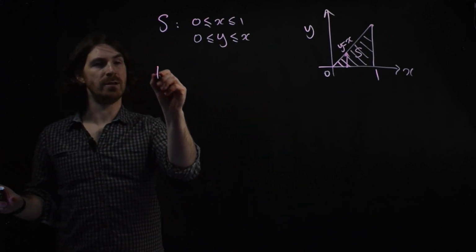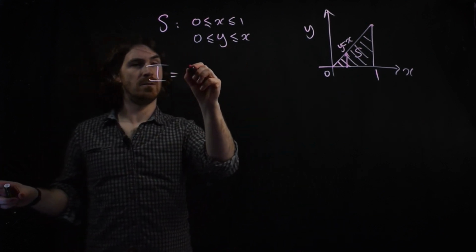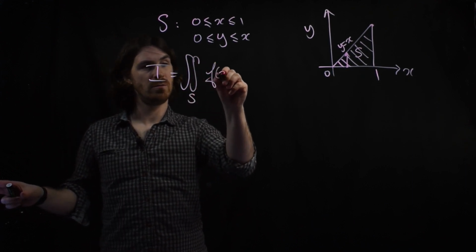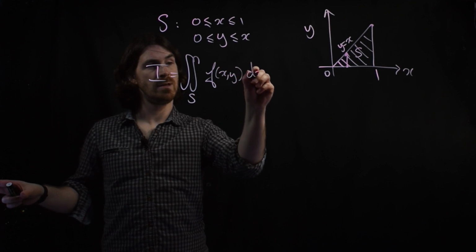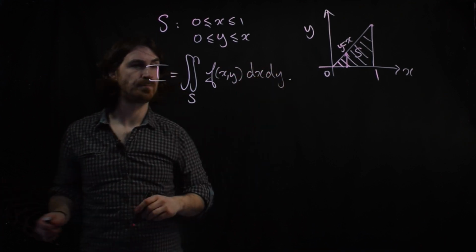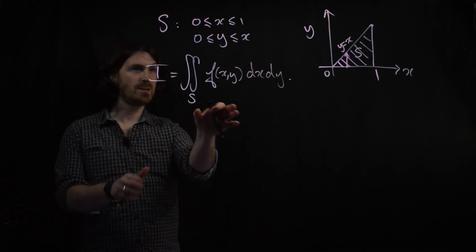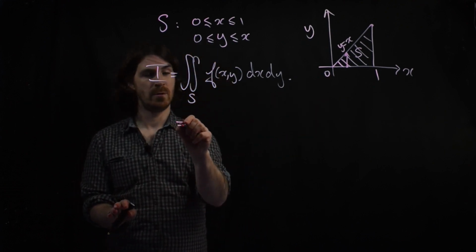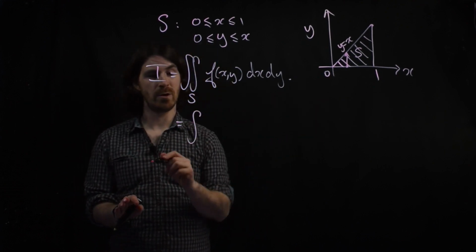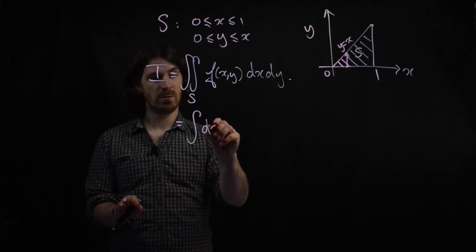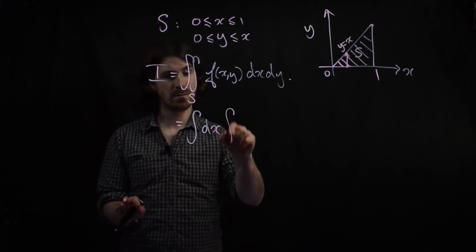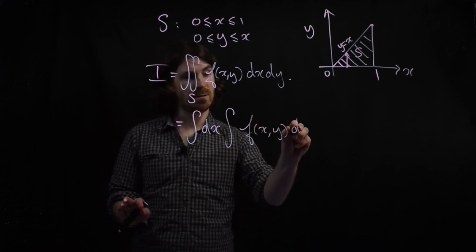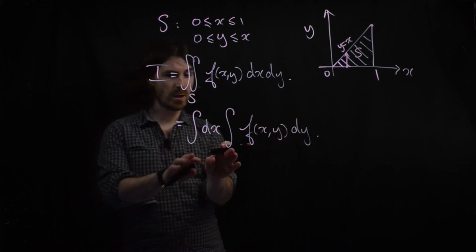So what's our integral here? We've got a double integral over S of a function of X and Y, dx dy. In this case we can write our integral in two ways. We can first think about the integral dx, the integral of f of x, y, dy. We need to think about the limits.